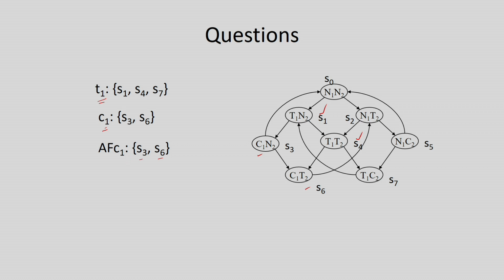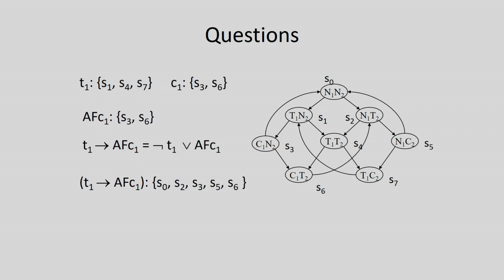Now we have to traverse this state space to find the states where this particular formula is true. How are we going to say? It is in all paths in future. That means we have to know this formula will be true in all the predecessors of S3 and S6. If a predecessor is there and it is coming to these two states, then we can say that EF may be true in those states.